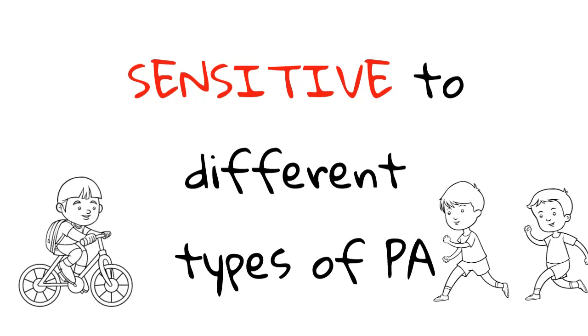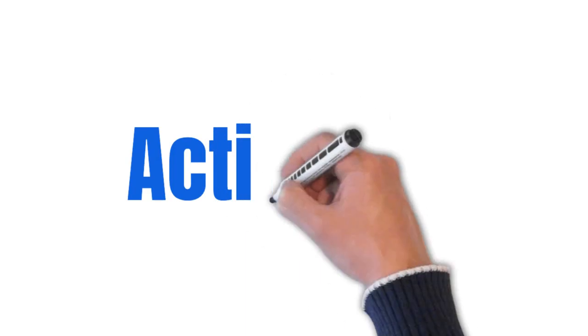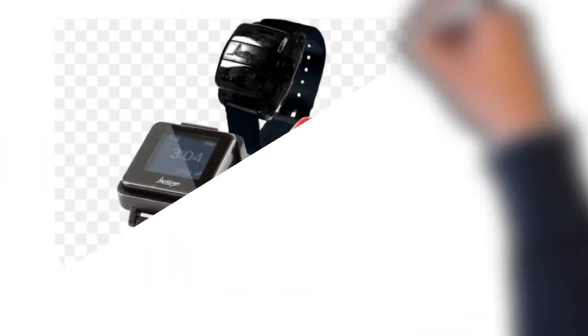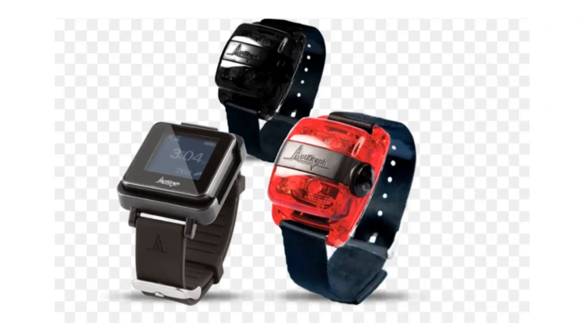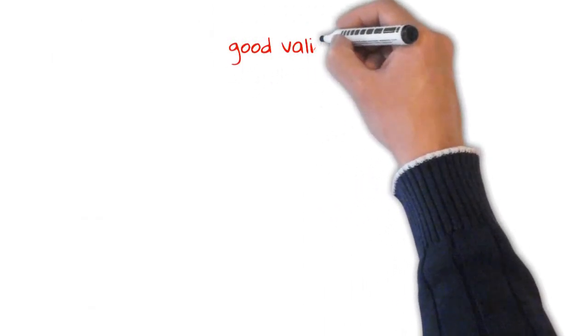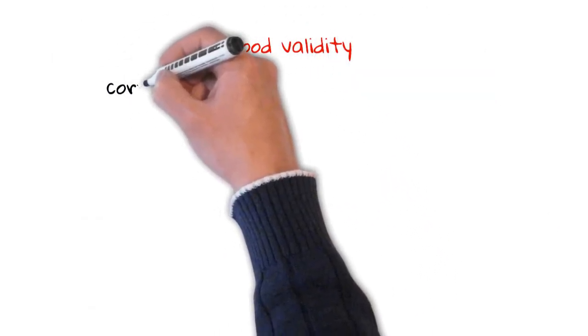There are many different types of accelerometers that can be used to assess physical activity. Some examples include Graph, a brand of accelerometer that is commonly used in research studies to measure physical activity levels. These accelerometers are worn on the hip and record movement data continuously. Graph accelerometers have been shown to have good validity for assessing physical activity.